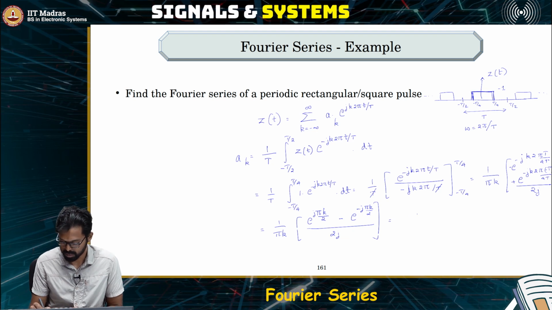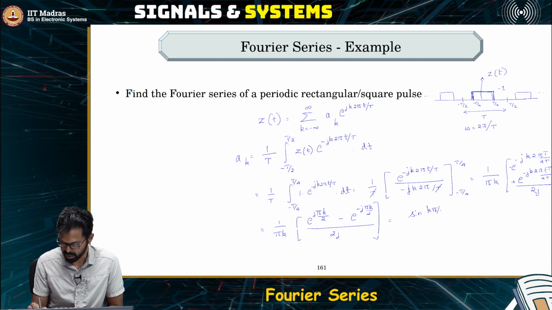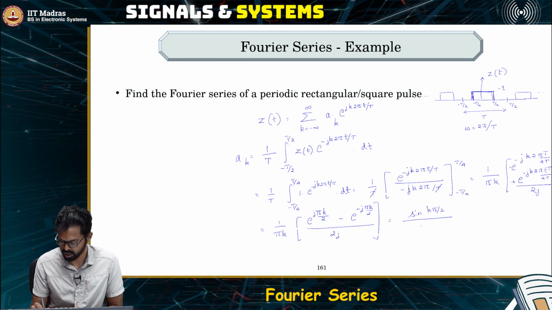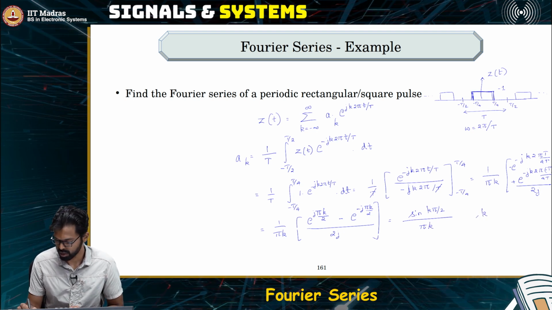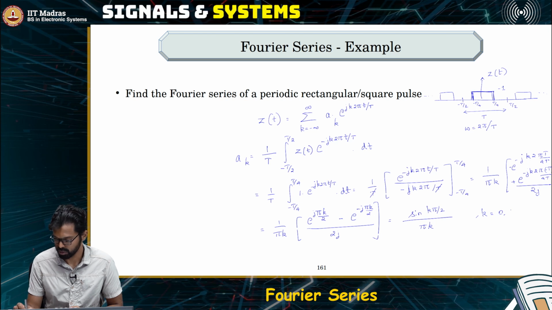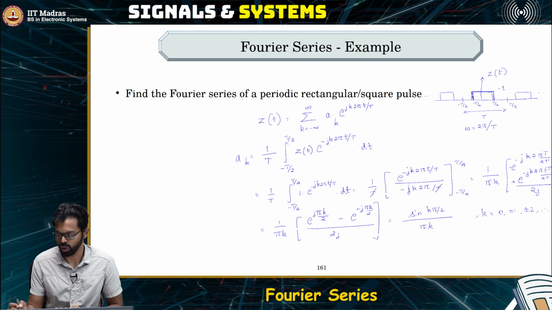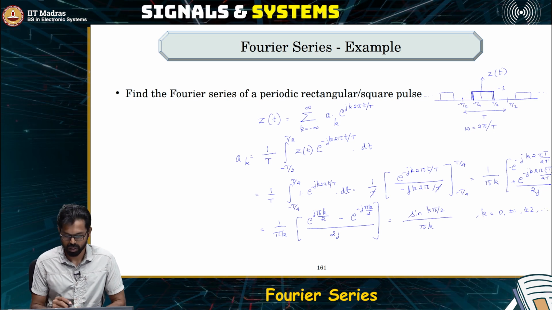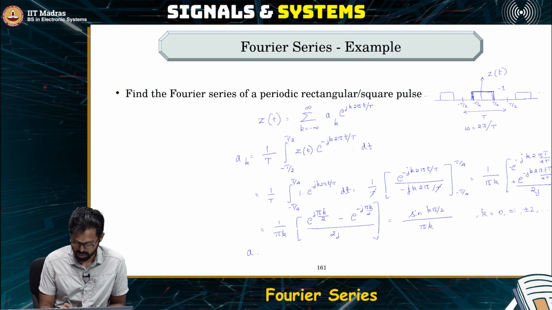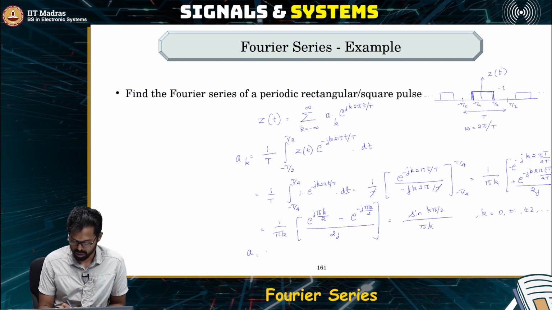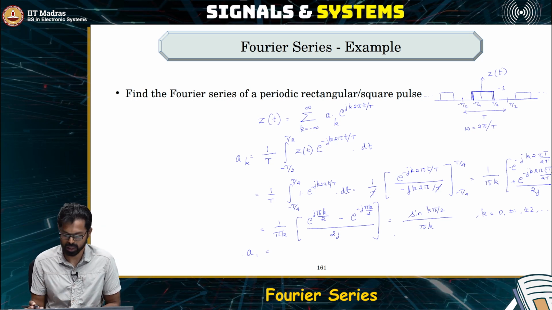This is nothing but sine of k pi by 2 divided by pi k. Remember here k is 0, plus or minus 1, plus or minus 2, and so on, which means a1 is just found by substituting k equal to 1.